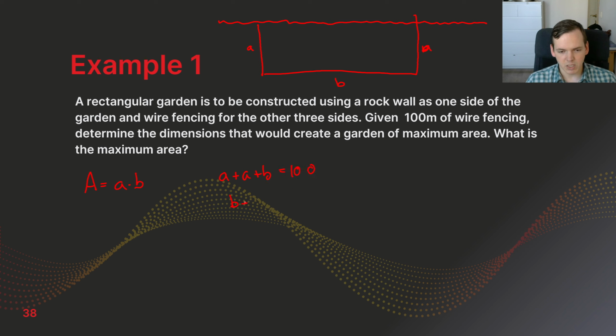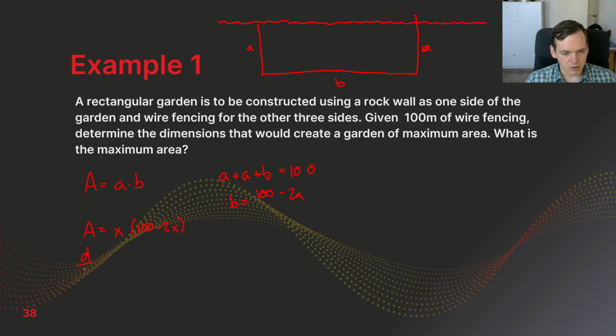In other words, B is equal to 100 minus 2A, and if you want to solve this for A instead of B, that's fine as well. But that lets me get capital A, area, is equal to lowercase a, and let's swap this to an x, x times 100 minus 2x, just so it looks a little more conventional.